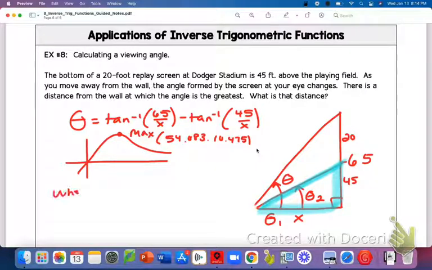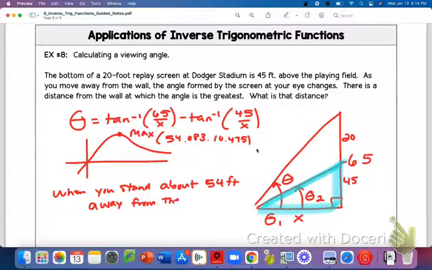So when you stand about 54 feet away from the screen, the angle is greatest at 10.48 degrees. There it is.